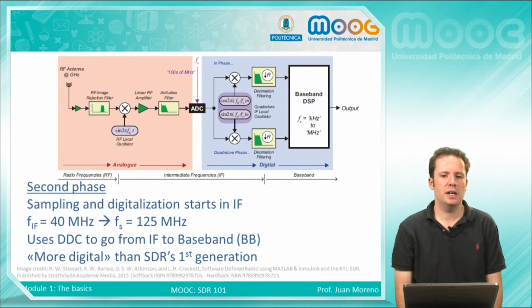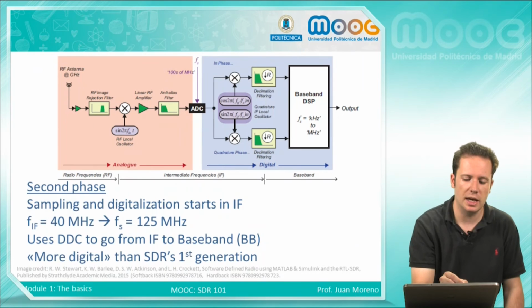In the second phase, which is the phase we are now in, the sampling and the digitalization of the signal starts in intermediate frequency. Also, this intermediate frequency is higher than in previous phases. This lets us work on higher frequencies. It's more digital than the SDR first generation.